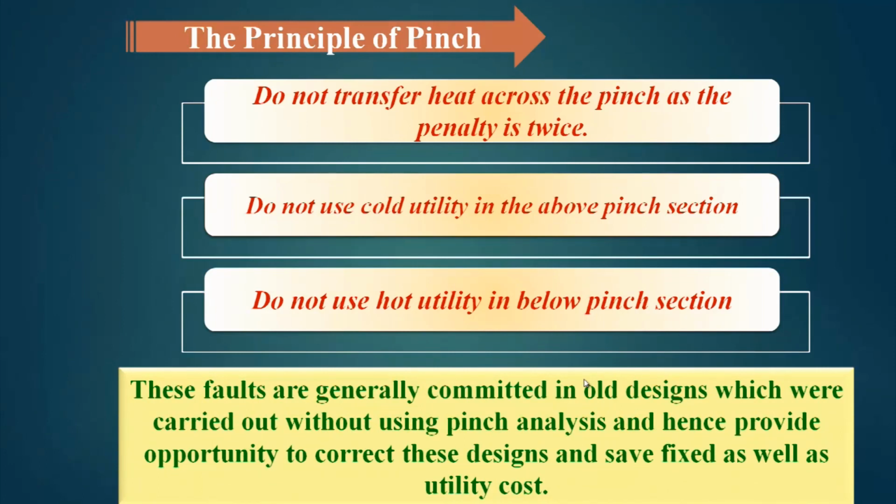These faults are generally committed in old designs which were carried out without using pinch analysis, and hence provide an opportunity to correct these designs and save fixed as well as utility cost. Thank you.